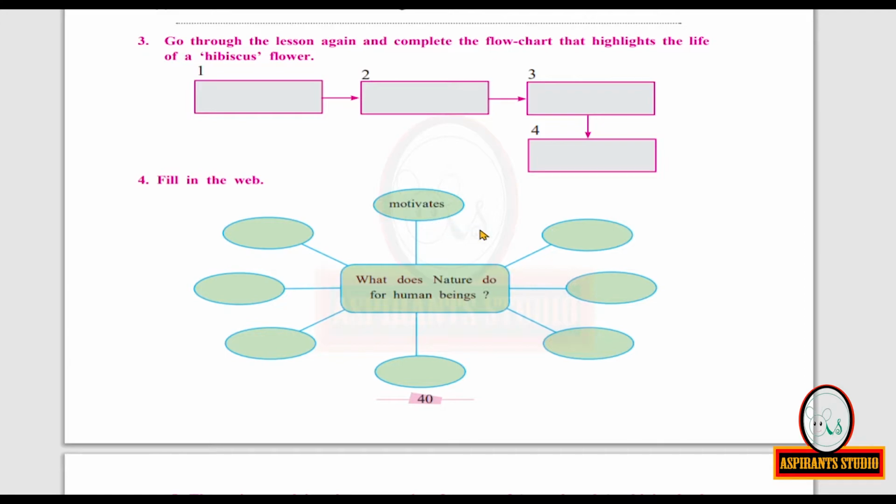Motivates, soothes, S-O-O-T-H-E-S, nurtures, N-U-R-T-U-R-E-S, fulfills, F-U-L-F-I-L-S, whispers, W-H-I-S-P-E-R-S, teaches, inspires, commands.